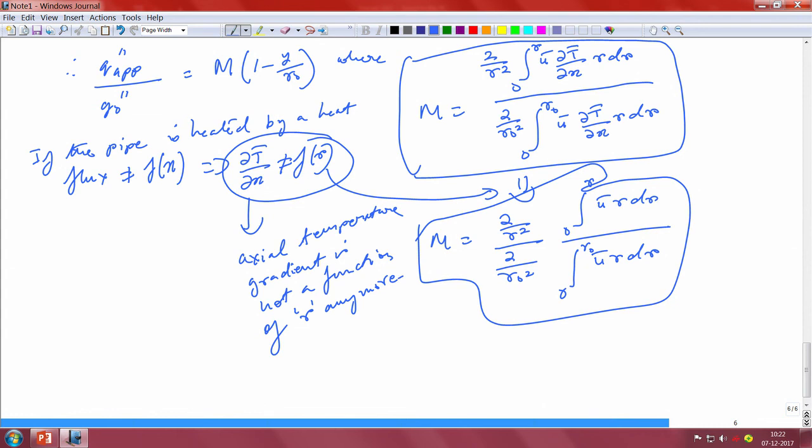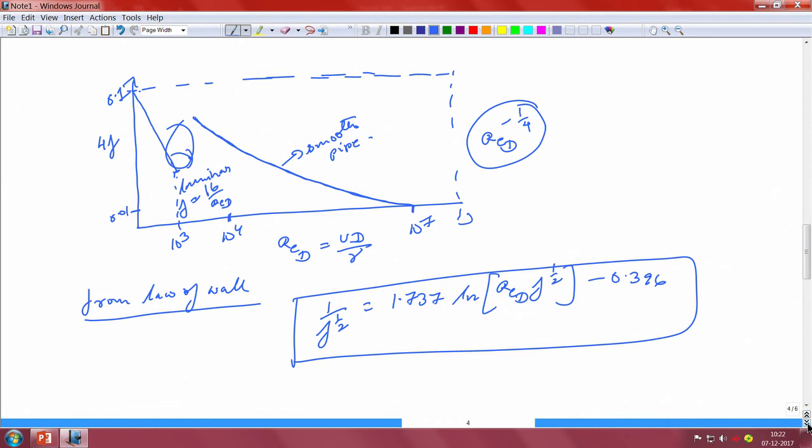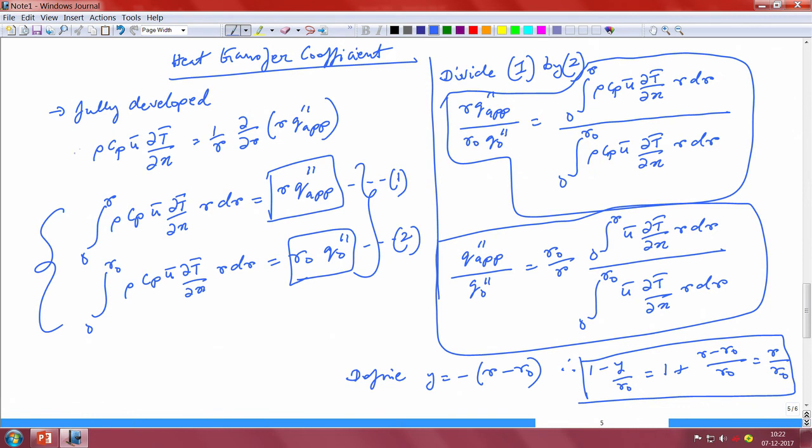Okay, so in the immediate next class we will see how this profile can be adapted, and it can give us some pretty interesting results at the end. But you understand the steps; to recap it very quickly, after we had done with the friction factor, we have just written the equation for the fully developed flow, and we have integrated it into two parts, one from 0 to r and one from 0 to r naught.